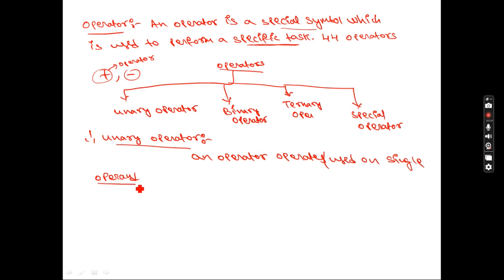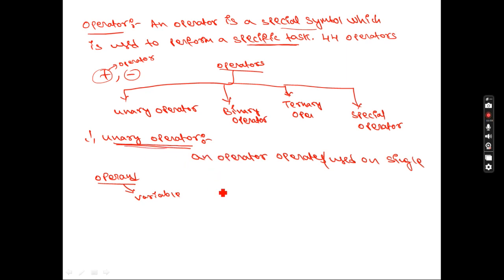What is the meaning of operand? Another name for variable is operand. Please don't get confused: variable and operand are the same. So if you use one operator symbol and one variable, that is called a unary operator.